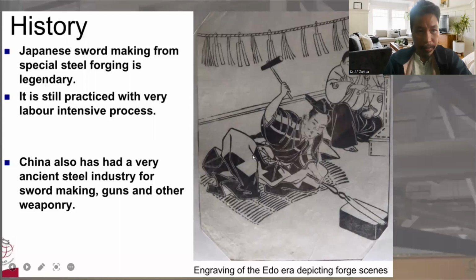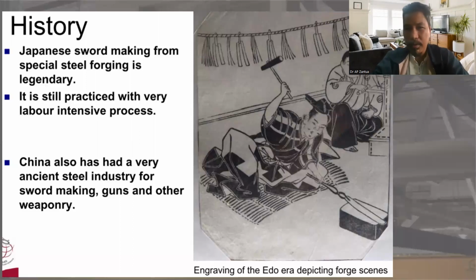However, in Japan, historically, Japanese sword making from special steel forging is legendary, much like the Damascus steel.